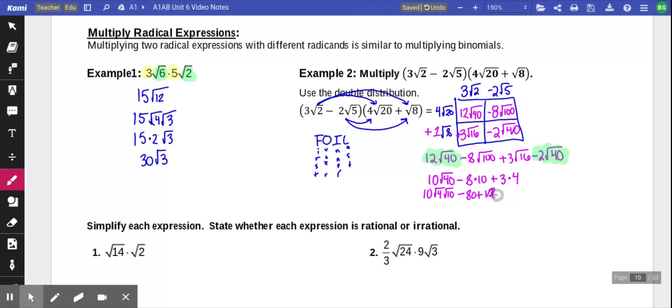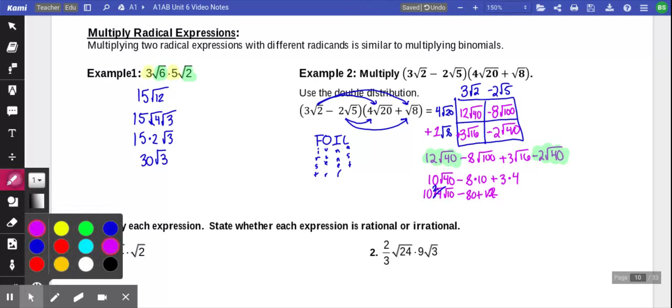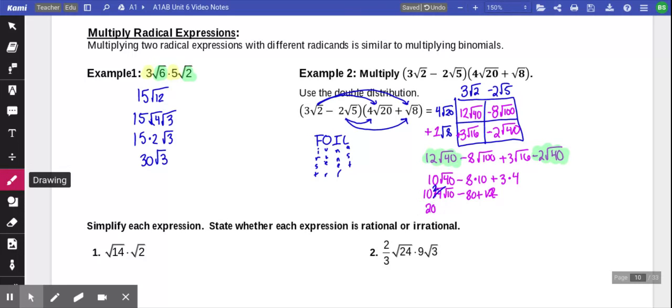Just for the sake of space here, the square root of 4, we know that's 2, right? So it's 2 times 10 really out front there. So this is 20 radical 10. We can combine minus 80 plus 12 into minus 68, and that's as far as we can go, and that would be our double distribution here.